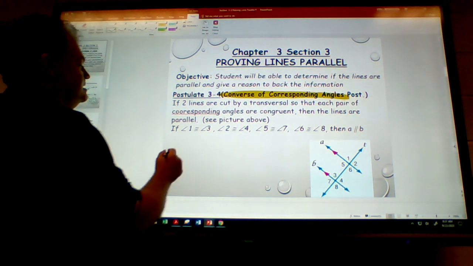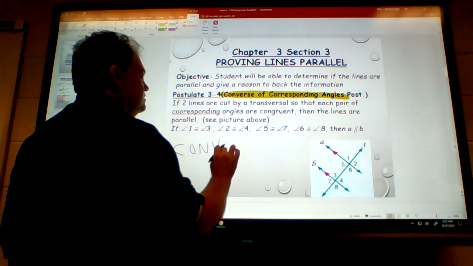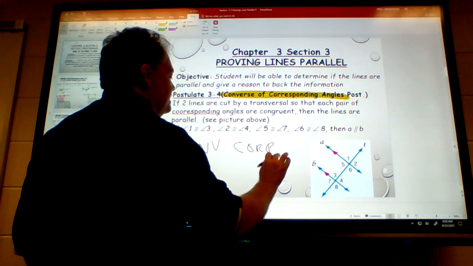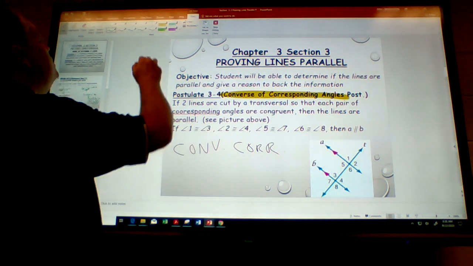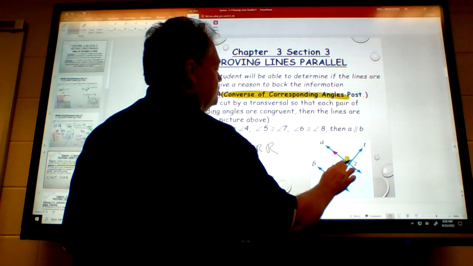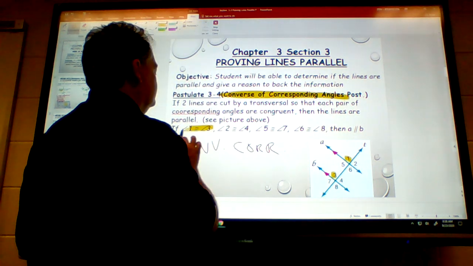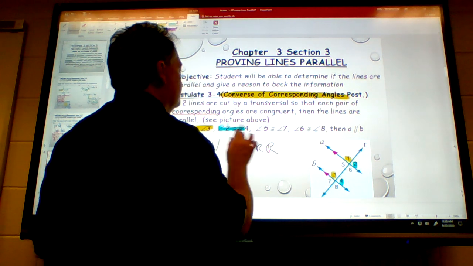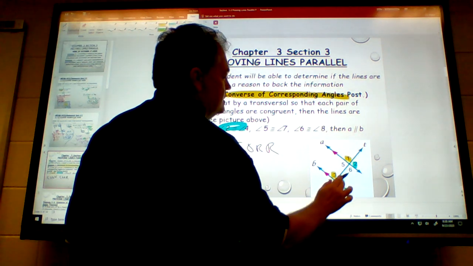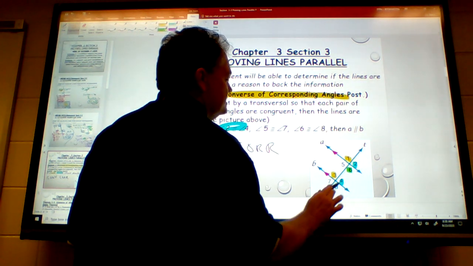Here's what it says. Converse of corresponding. That's what you need to write down. It says that if any one of the corresponding angles are congruent, such as 1 and 3, or 2 and 4, or 6 and 8.